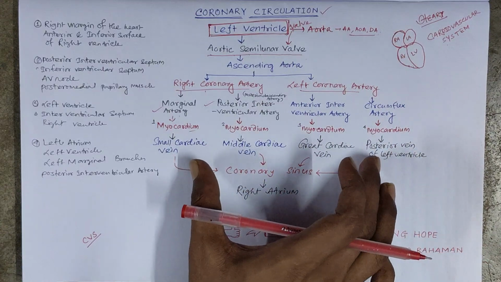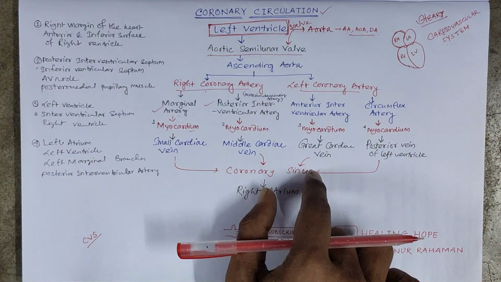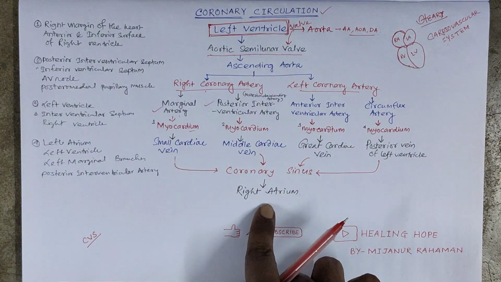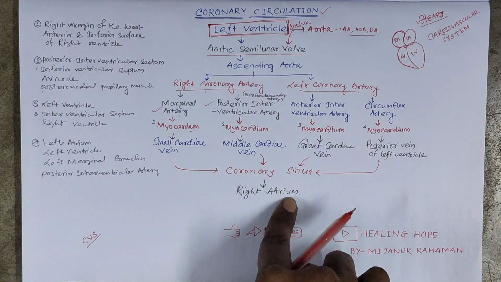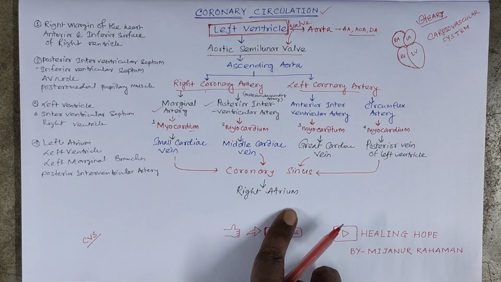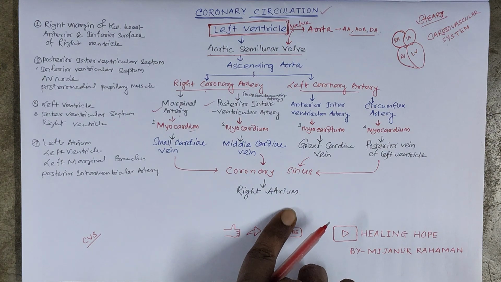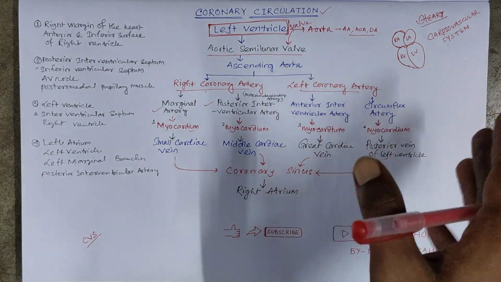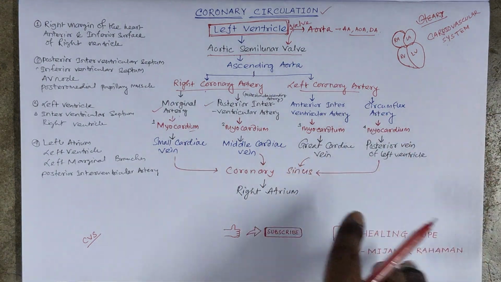Then all the deoxygenated blood is collected in the coronary sinus, and the coronary sinus opens into the right atrium, where the deoxygenated blood from the upper and lower parts of the body is also gathered.